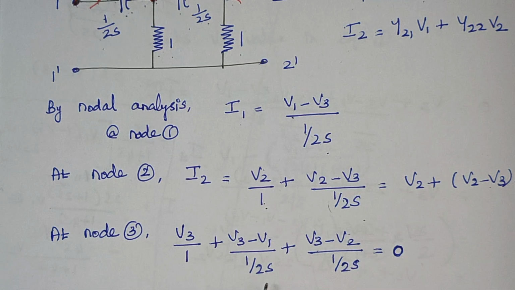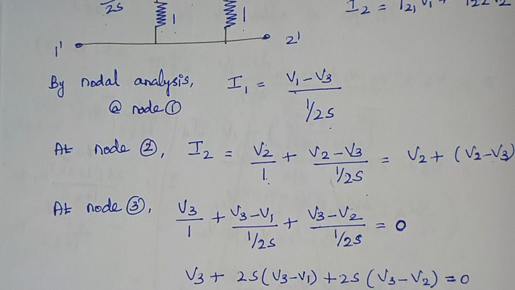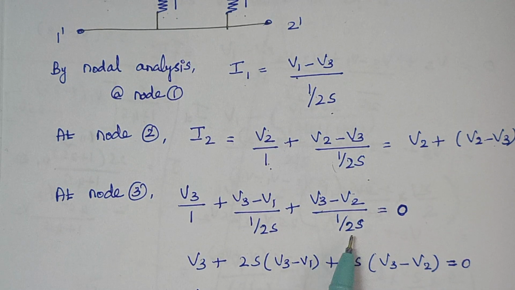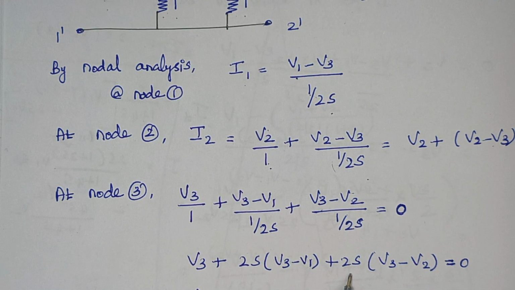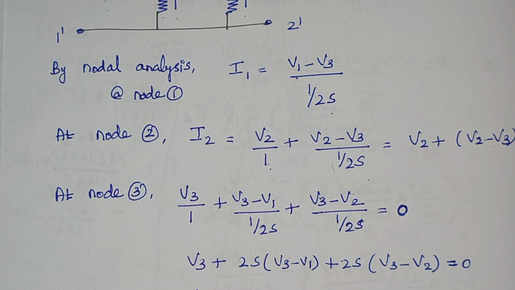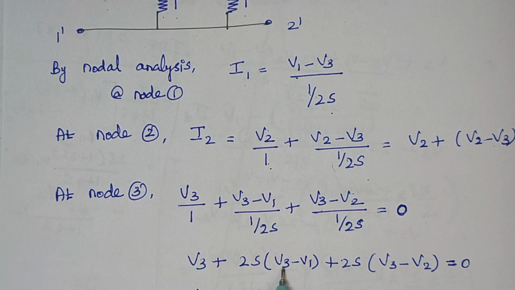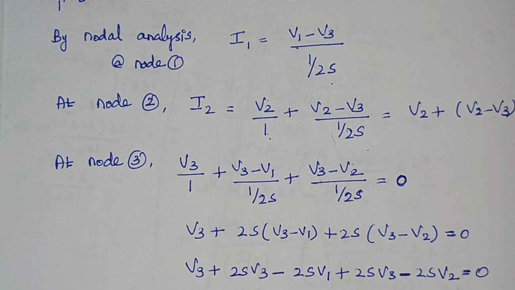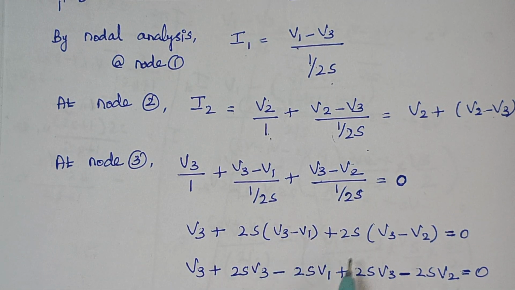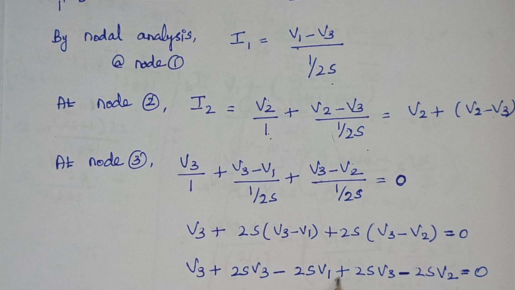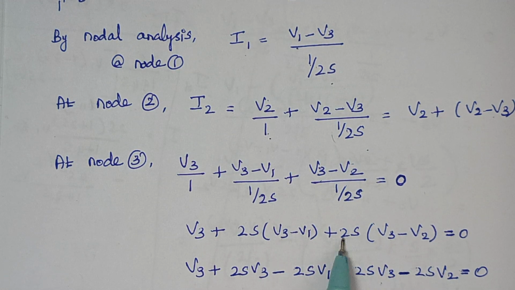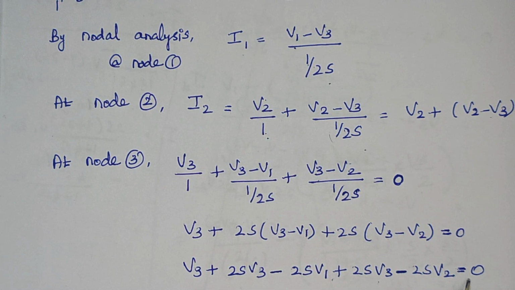Now again when you rearrange, when you move this 1 by 2S, it occupies the numerator part, so it becomes 2S by 1 here and also here. Now we are multiplying and rearranging. 2S into V3 becomes 2S V3, 2S into minus V1 becomes minus 2S V1, and here 2S V3 minus 2S V2 is equal to 0.